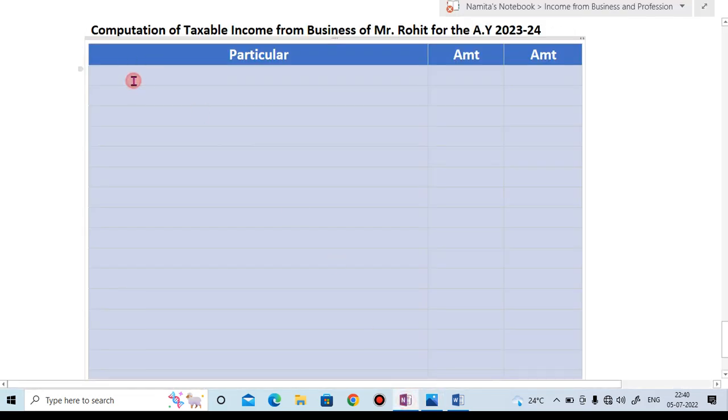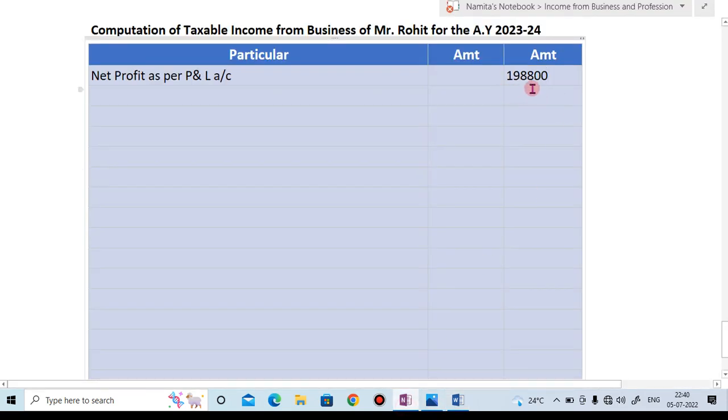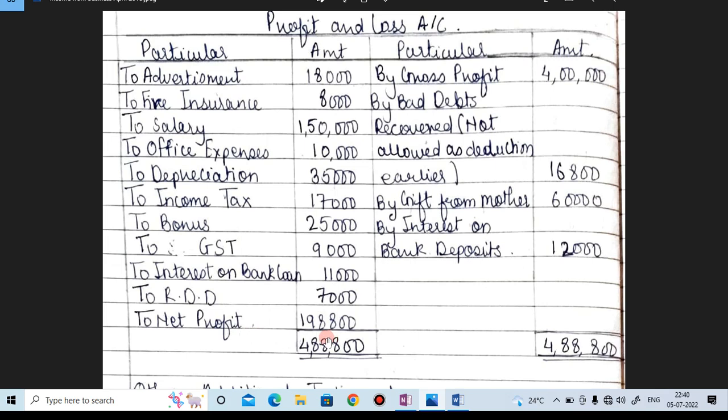So write it here: net profit as per P&L, meaning profit and loss account, amount is 1,98,800. We have passed the entry, the net profit amount is 1,98,800. Now next is what?